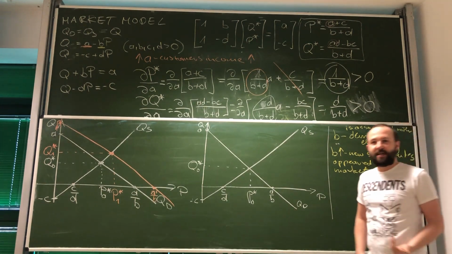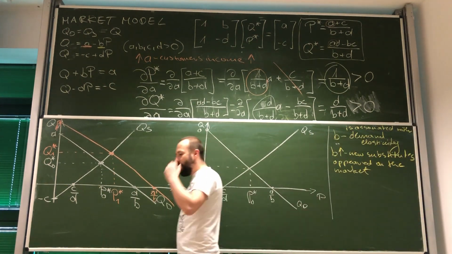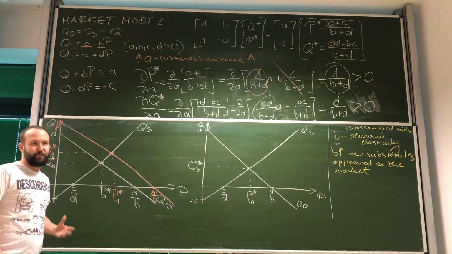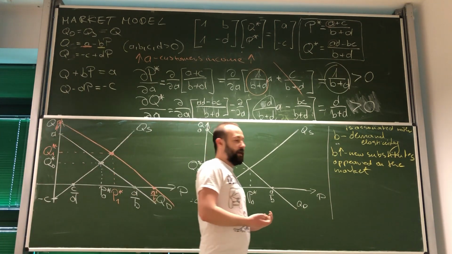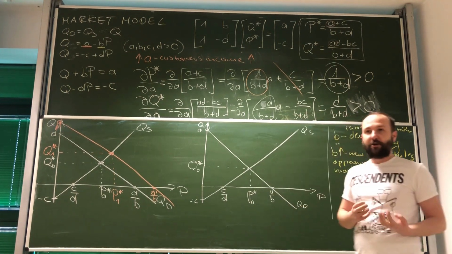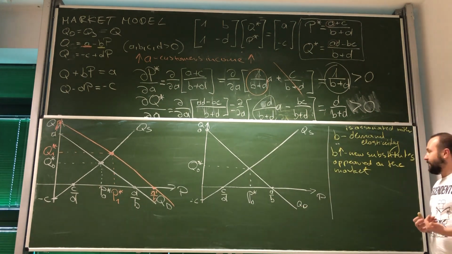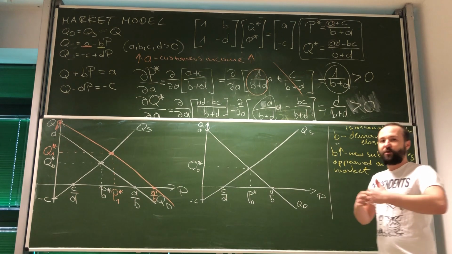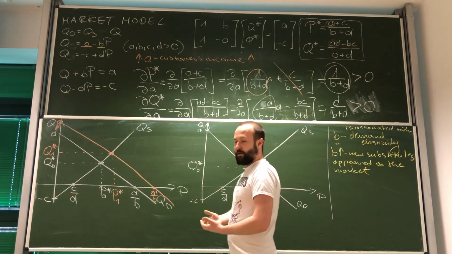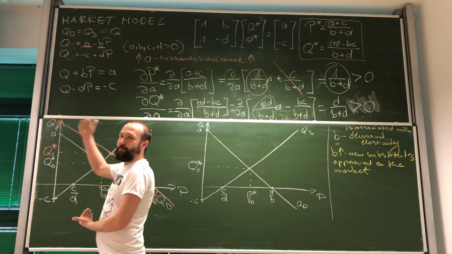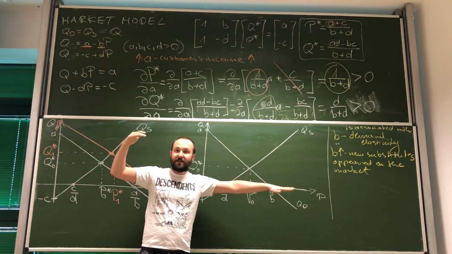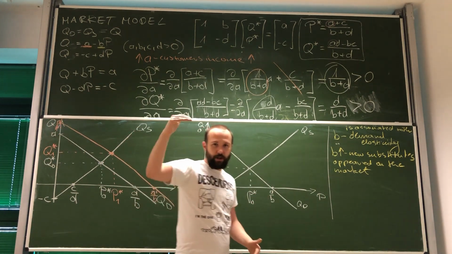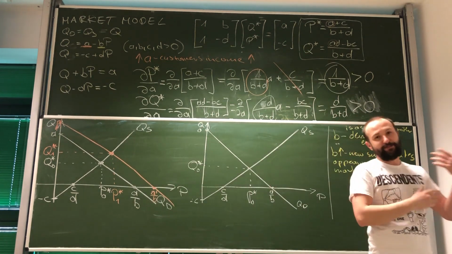Because you cannot substitute it with anything. However, if a substitute appears, and at the beginning it has the same price, and you still prefer the one that you bought at the beginning. However, if the price of the good you were buying is going up, you can move to the substitute, right? If the price of cola is going up, you can move to a substitute like Pepsi.